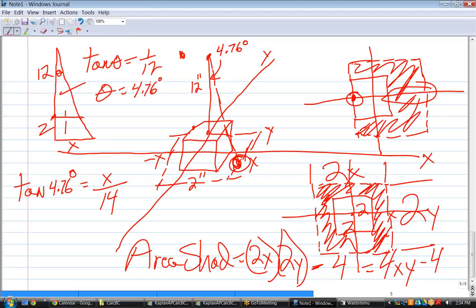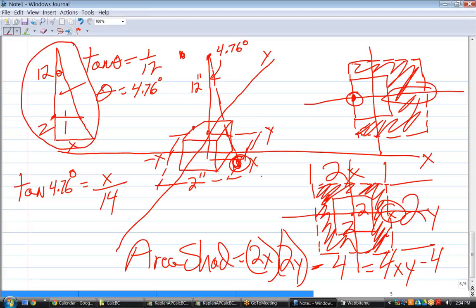is 4.76 degrees. Well, if you extend this triangle all the way to the bottom of the cube to figure out where the shadow is going to go, in other words, what's this point right there on the lower right, then I'm looking at that triangle.